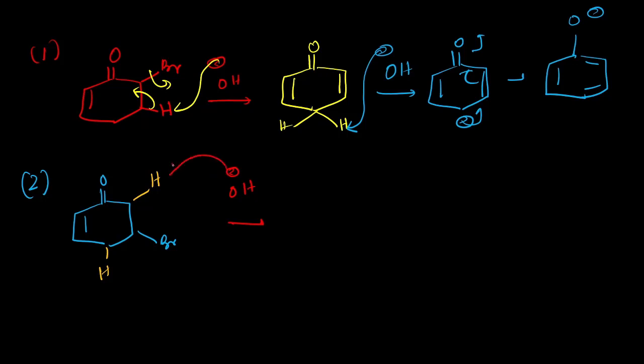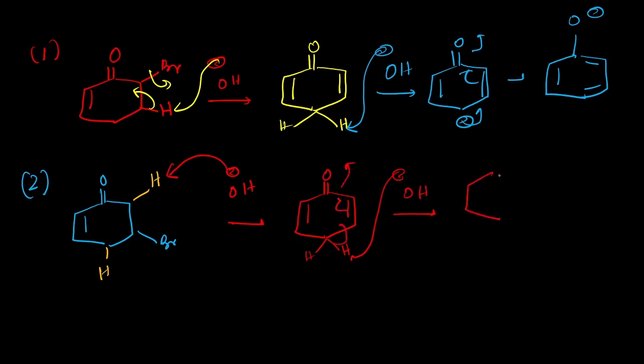We are going to approach this hydrogen first. So this will be our initial product, but again these two hydrogens are acidic, so OH minus will approach, and finally we are expecting an aromatic ring.